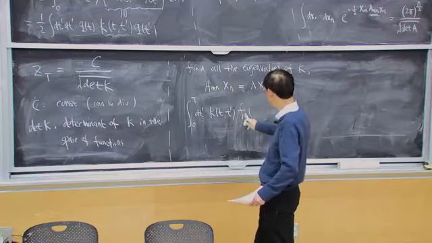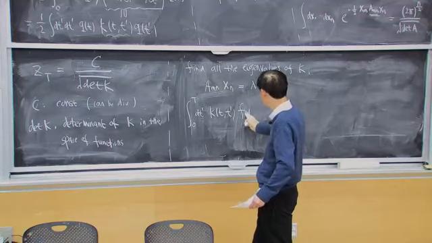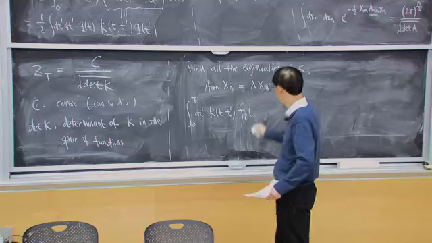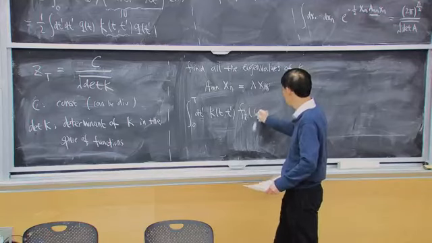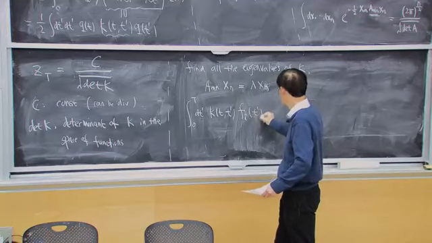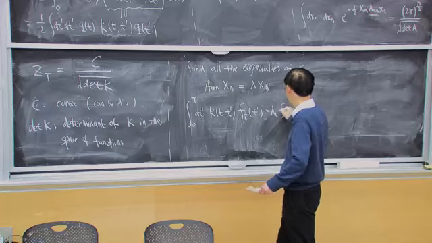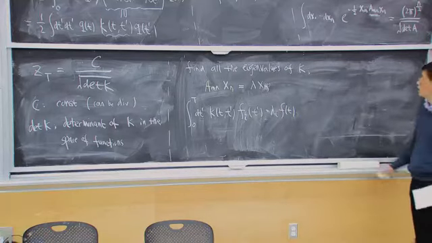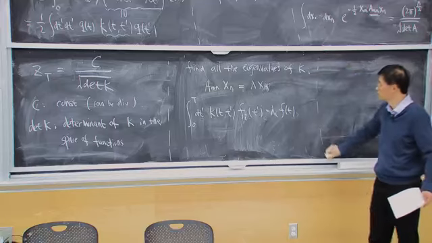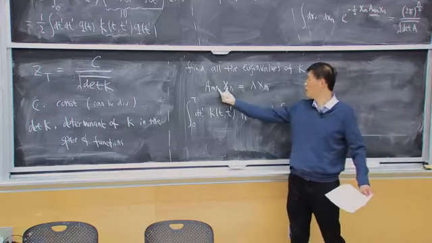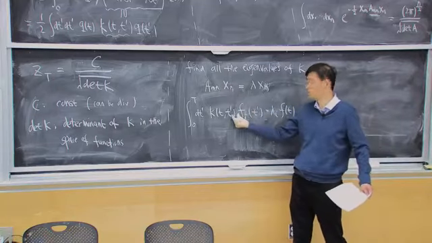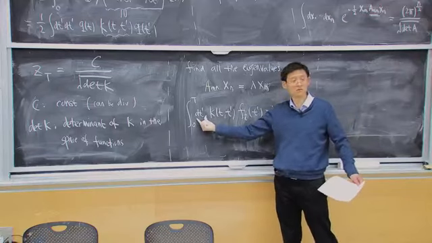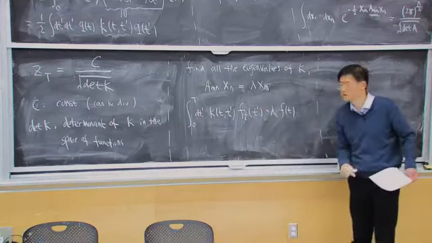Here n labels different eigenvalues, so let me call it i: the integral of K(t,t') f_i(t') equals λ_i f_i(t). So this is the eigenvalue equation, because now the index n is just replaced by t', the sum over n is replaced by an integral, and the rest is the same.